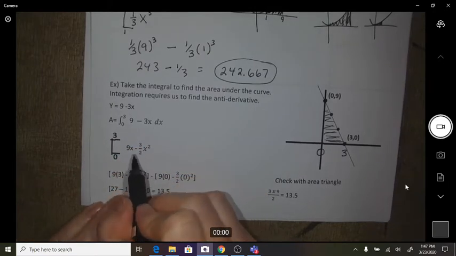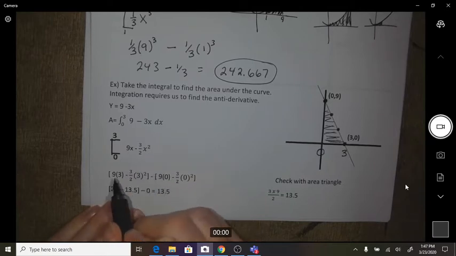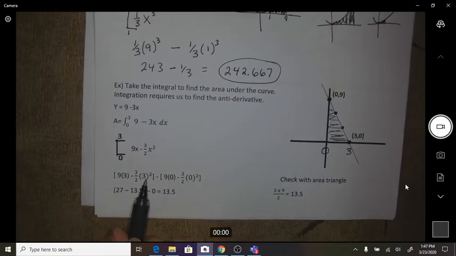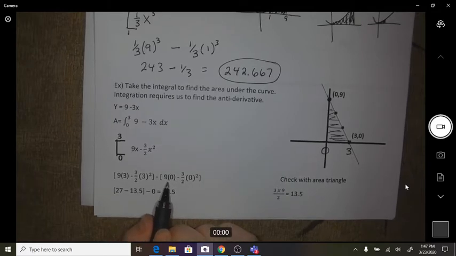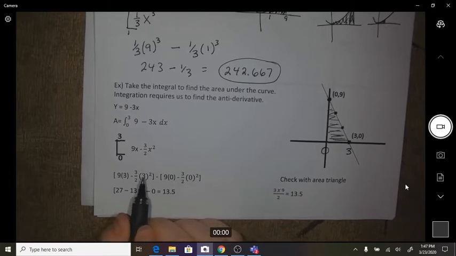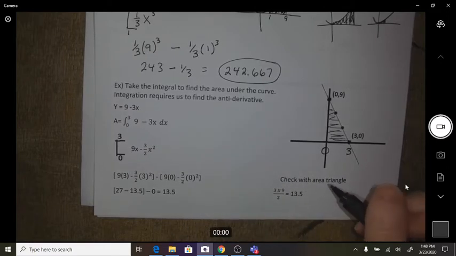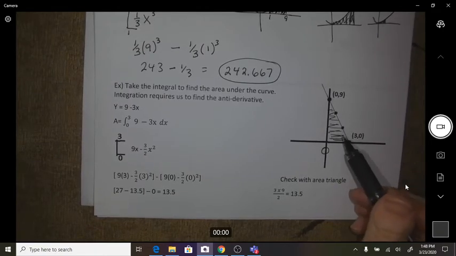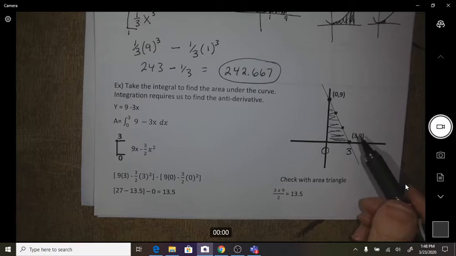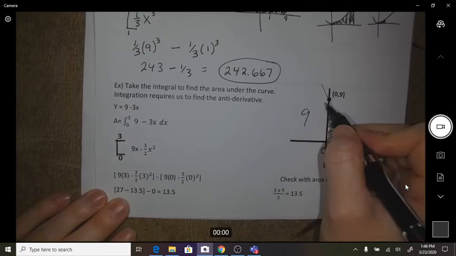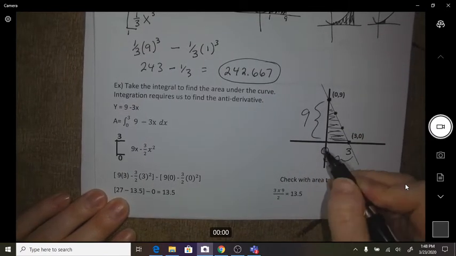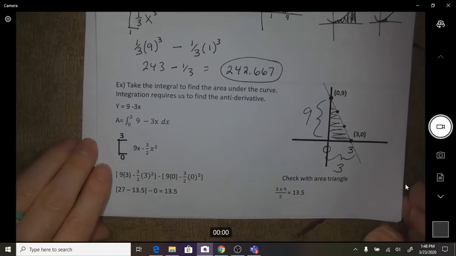Now I would take this equation and input a 3, and then take that equation and input a 0, subtract the two values, and I get 13.5 as an area. This one I also could check with a geometry equation, and it's a triangle. So half times base times height, or base times height divided by 2. This is 9, and this is 3, and if I take half of that, I get 13.5.